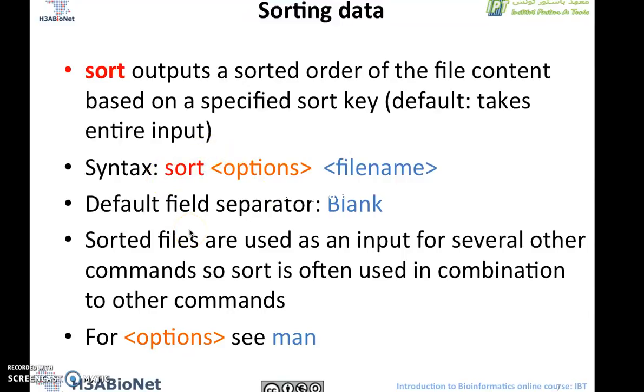The sorted files are used as an input for several other commands. So sort is one of the most used commands in Linux, and it's quite often used combined with other commands. We're gonna see later how we can combine commands. Of course, if you would like to see more options, you can use the man command that we saw during the very first session.